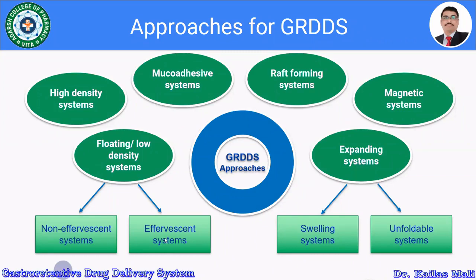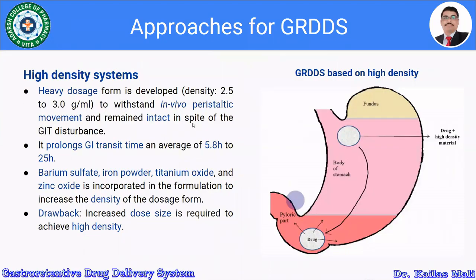So let us see one by one the approaches for the gastroretentive drug delivery system. The very first one is the high density system. Look at the figure. This is the stomach. Here, this is a formulation which contains the drug and the high density material. Whatever formulation is prepared by using the high density material contains the API.